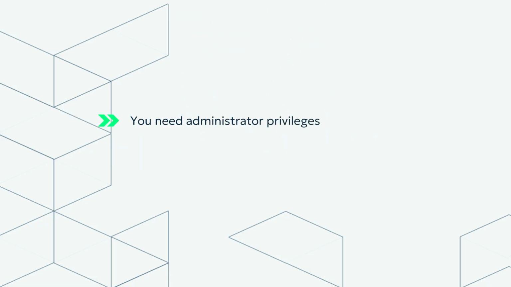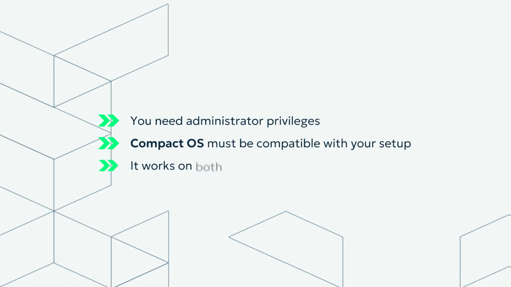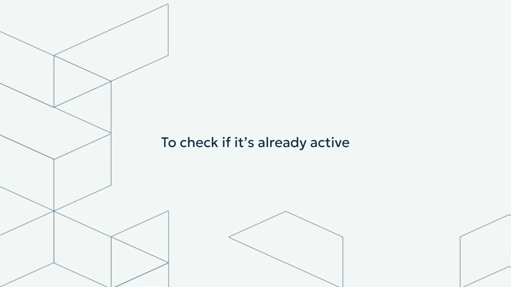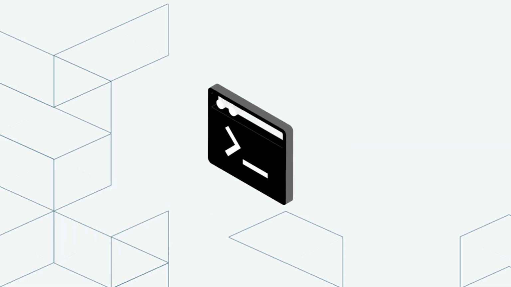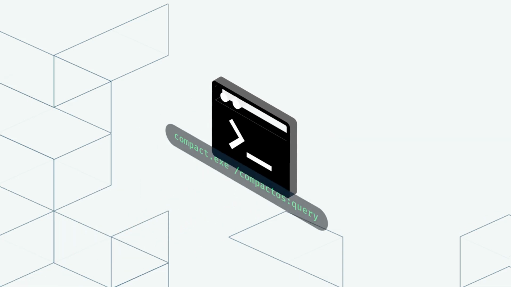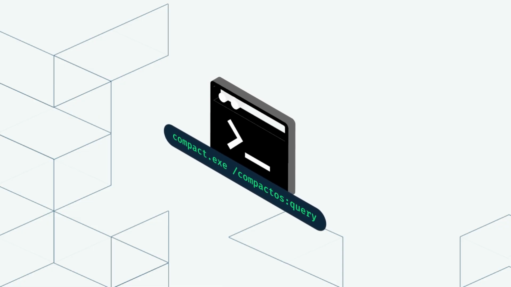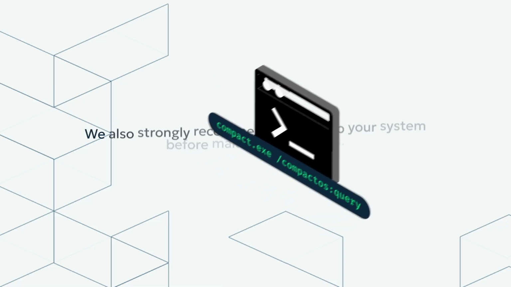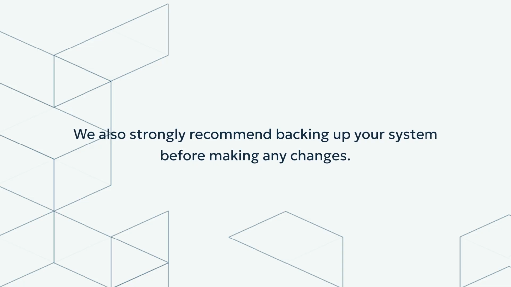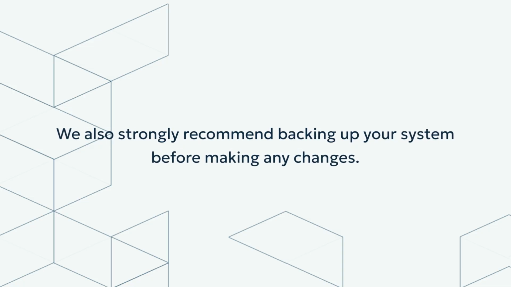You need administrator privileges, Compact OS must be compatible with your setup, and it works on both Windows 10 and 11. To check if it's already active, open an elevated command prompt and run compact.exe /compactos:query. We also strongly recommend backing up your system before making any changes.